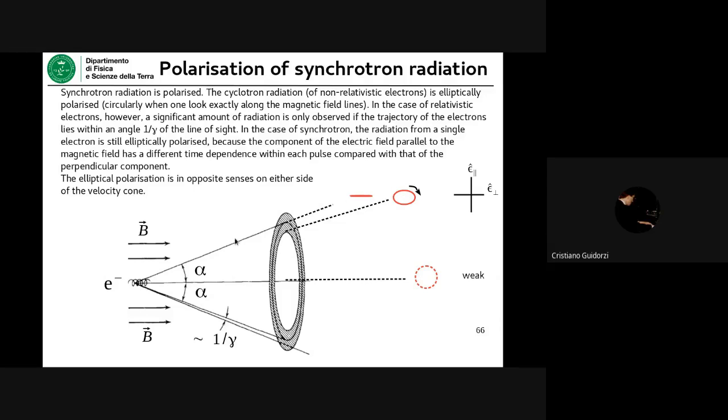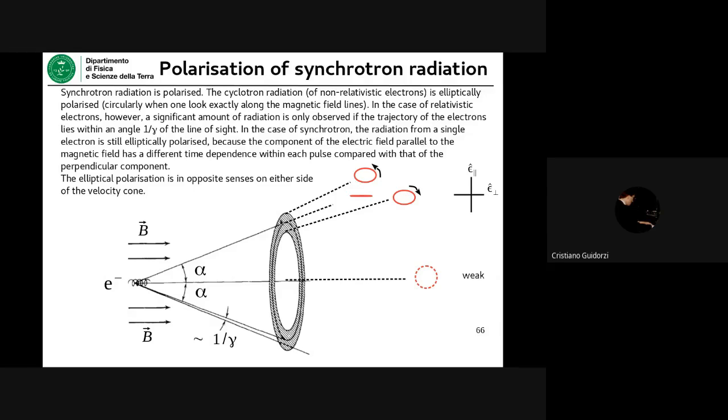If the line of sight lies exactly on the velocity cone, at some point the velocity of the electron will point exactly towards you. You will see no intensity along the parallel component. You will see just a linear polarization along the perpendicular one.